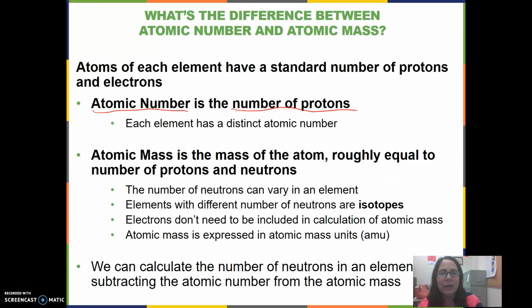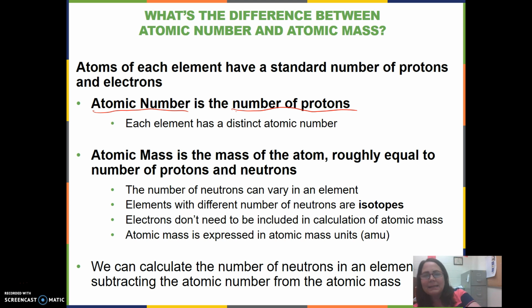Each element or each atom of an element has a distinct atomic number, a distinct number of protons. The number of neutrons and the number of electrons in an atom can actually change, and it can still be that same atom, but the number of protons will never change for an atom.